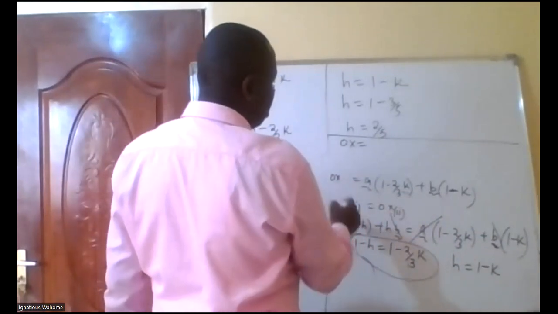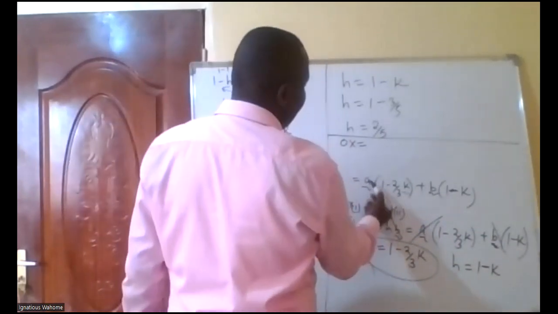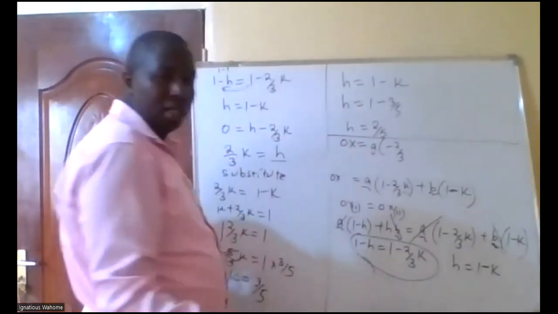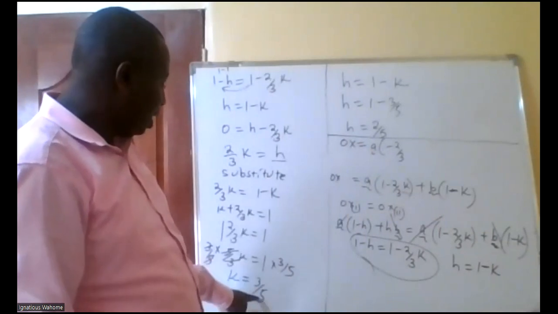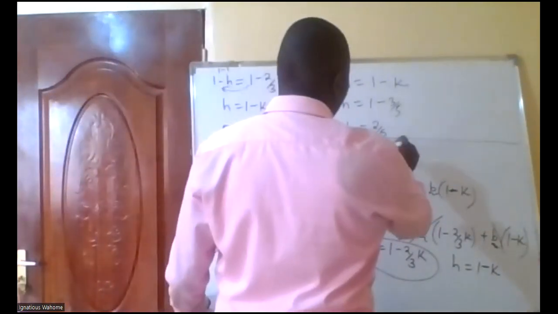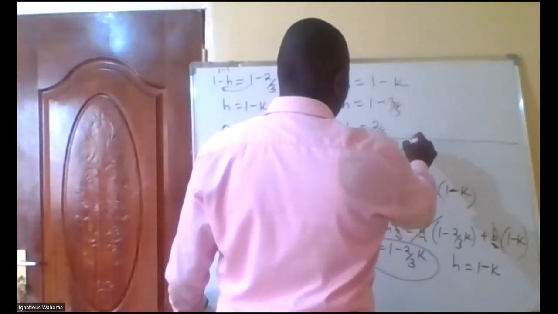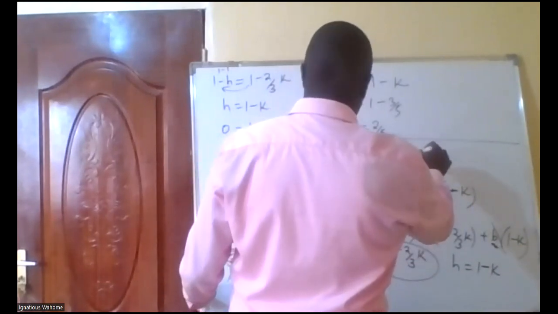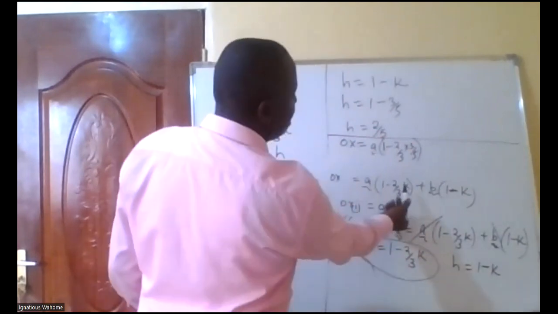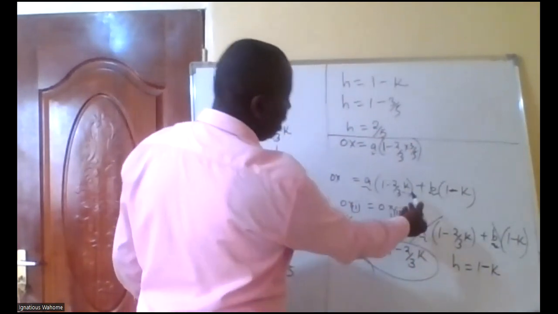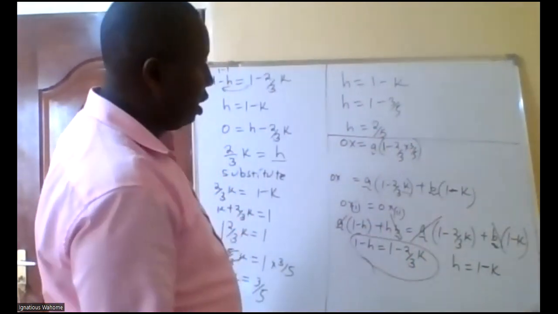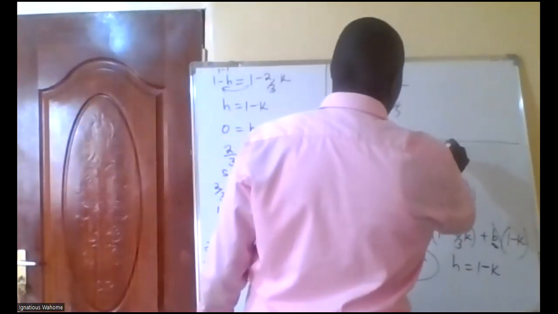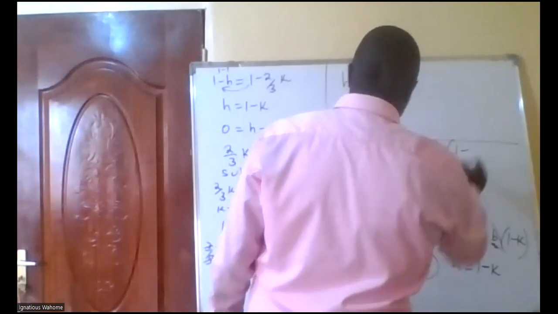That OX is equal to vector A times (1 minus 2 over 3 k). What is k? You need to substitute. Our k is 3 over 5. Plus k vector B, bracket 1 minus k.